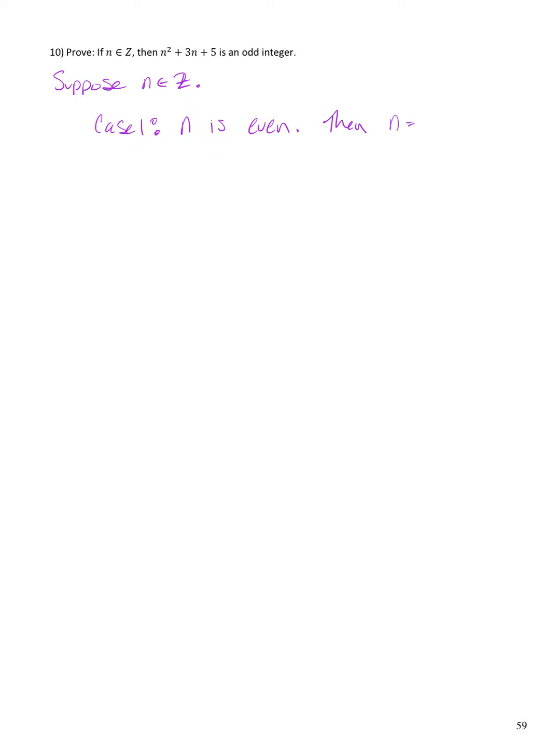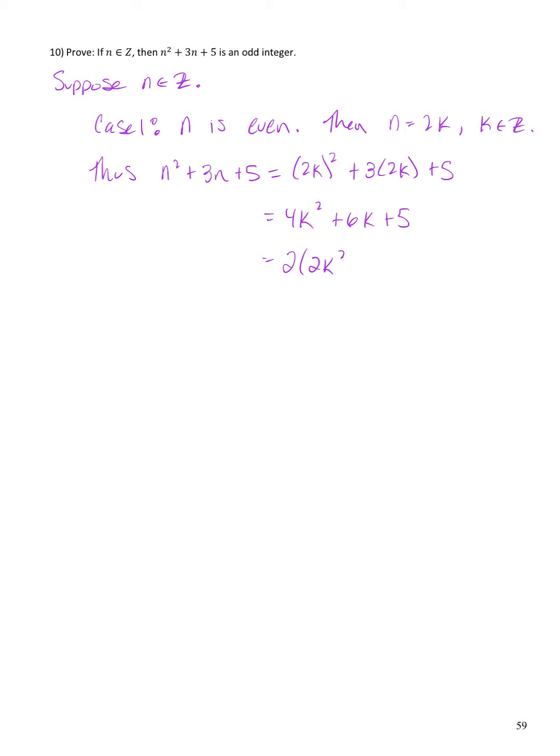Then n equals 2k for some k in Z. Thus, n squared plus 3n plus 5 would be (2k) squared plus 3 times 2k plus 5, which is 4k squared plus 6k plus 5, which is 2 times (2k squared plus 3k plus 2) plus 1.